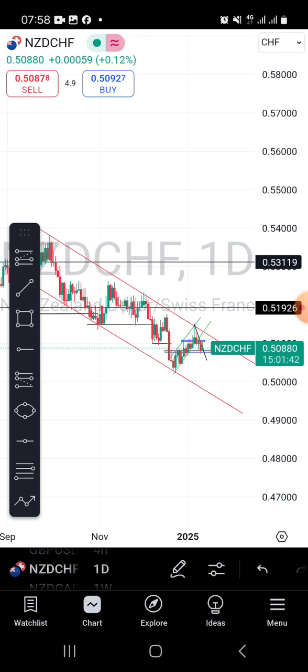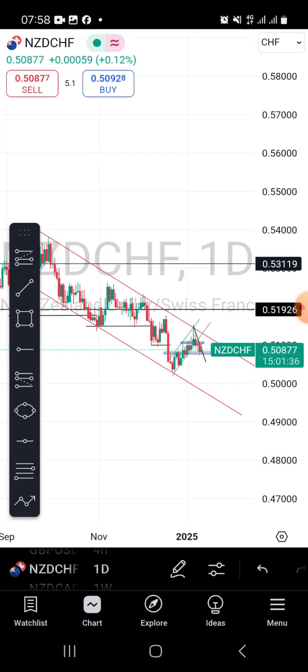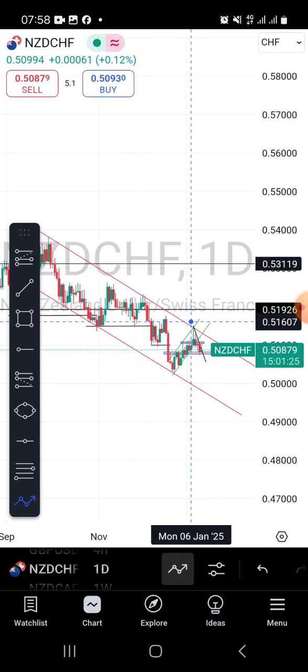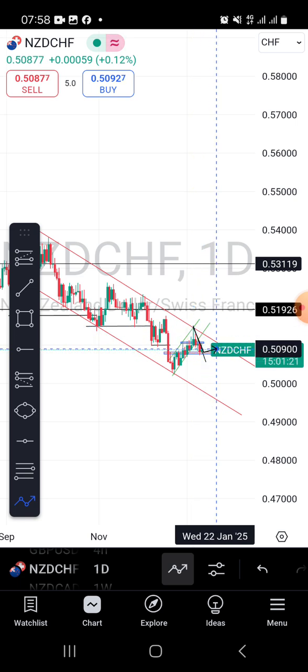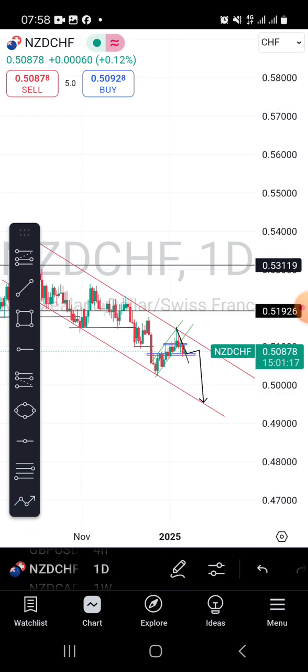Right now we have a retouch on this downtrend line: the first, the second, and the market just did the third touch and is coming down. So we should expect the market to move from here down to this point.